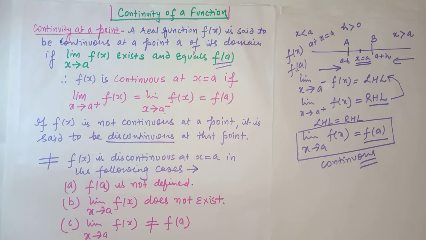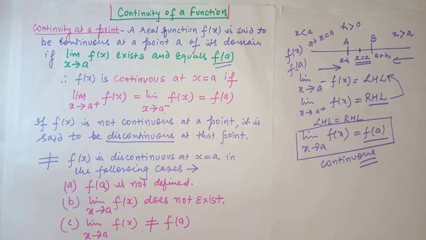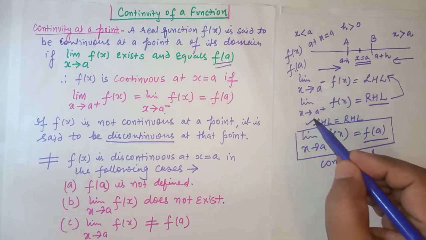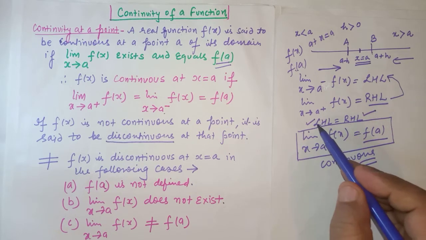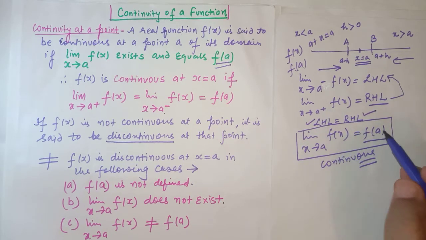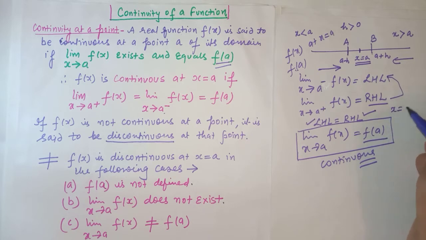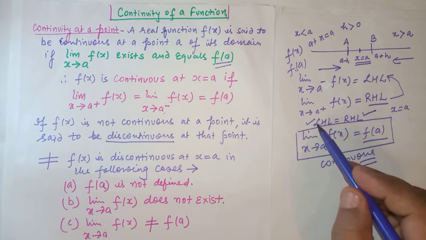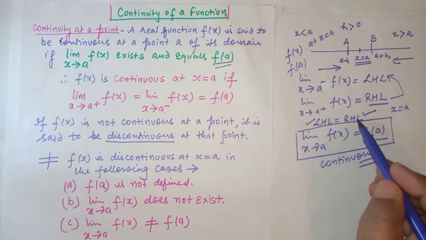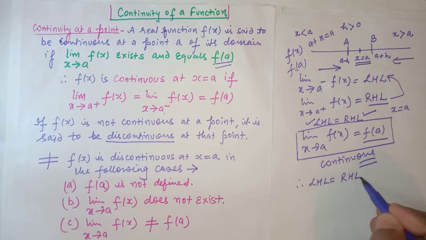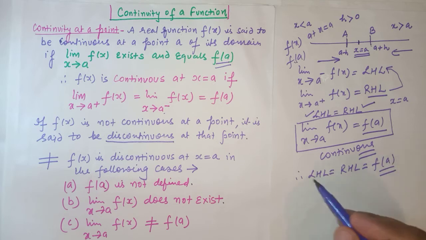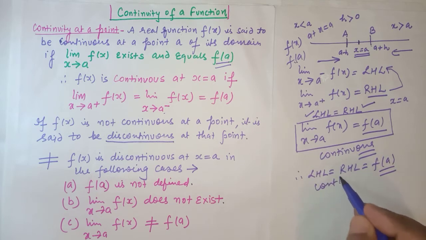So what are the conditions for a function to be continuous? The left hand limit should exist, the right hand limit should exist, both these limits should be equal, and the value of the function at x equal to a is defined, exists, and equals the left hand limit and right hand limit. So we can say that if the left hand limit is equal to the right hand limit is equal to the value of the function at x equal to a, then the function is said to be continuous.